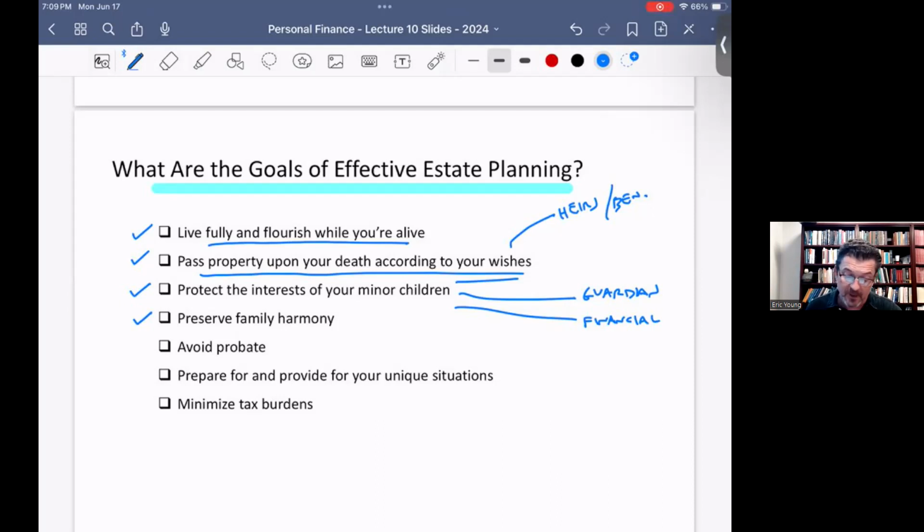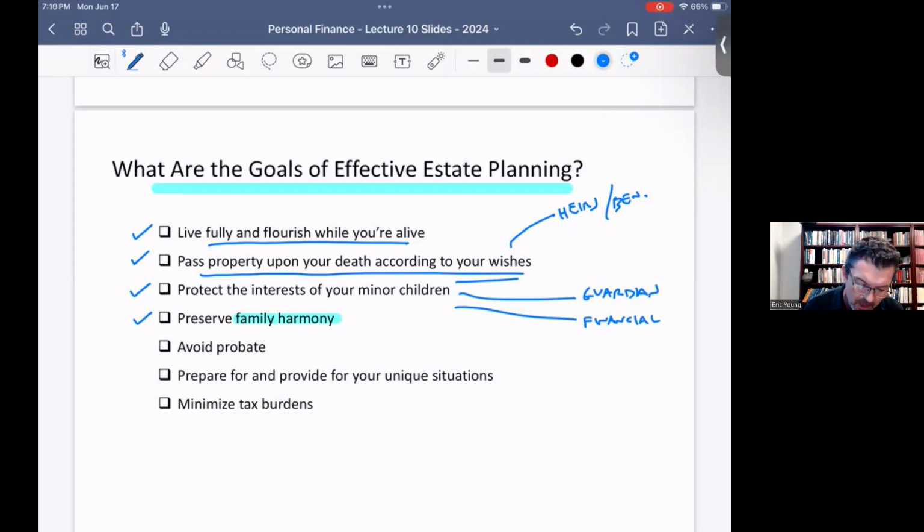So if you love your family, one of your goals should be to preserve family harmony, to keep your people after you're gone tight, to prevent flare-ups and civil wars. And you can only do that by making everything as detailed as possible so that they don't have a chance to bicker. Everything that you wanted is laid out, and those are your wishes.